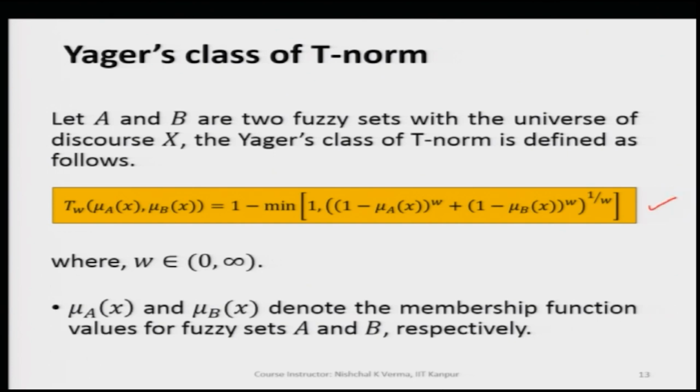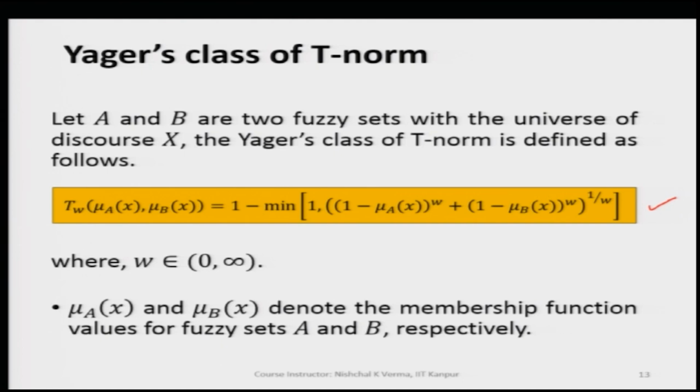The Yager class operator is represented by T subscript W. So, T W is operated on a pair of membership values. Here we have these pairs as mu A of x and mu B of x.